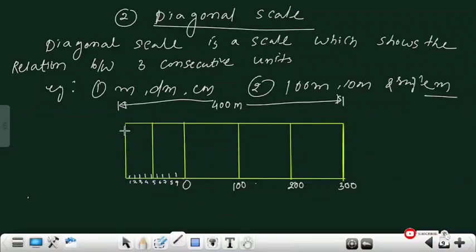Next, this vertical line we have to divide into similar 10 equal parts: 2, 3, 4, 5, 6, 7, 8, 9, 10.